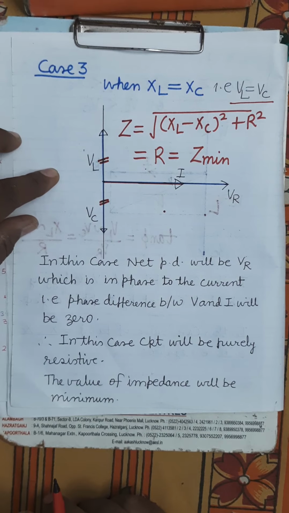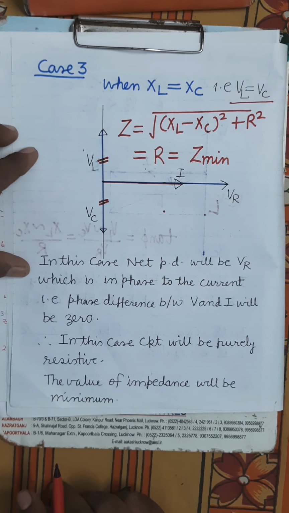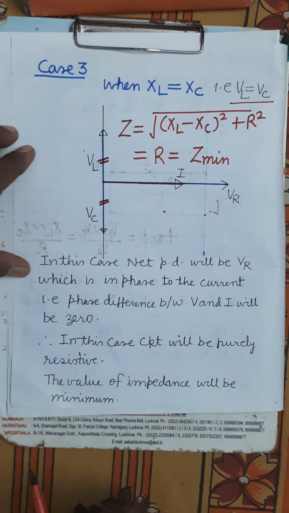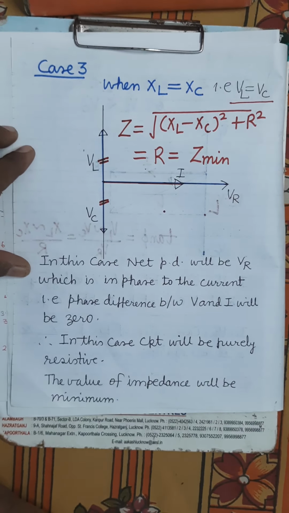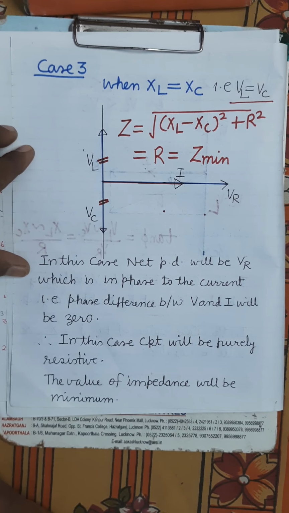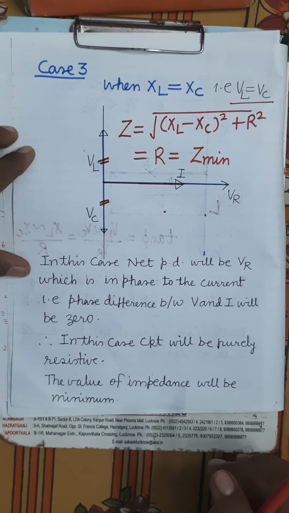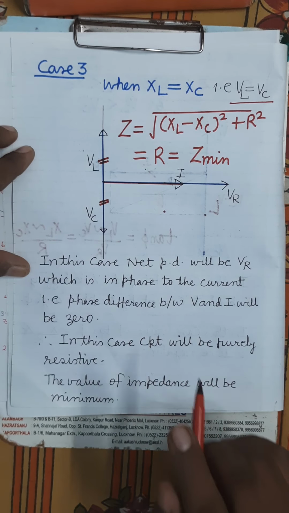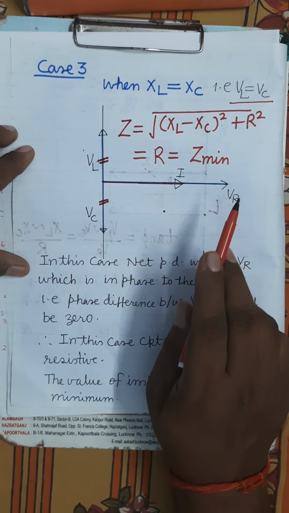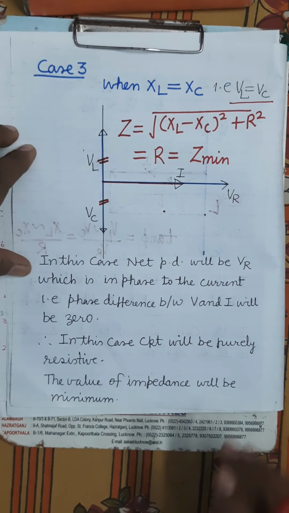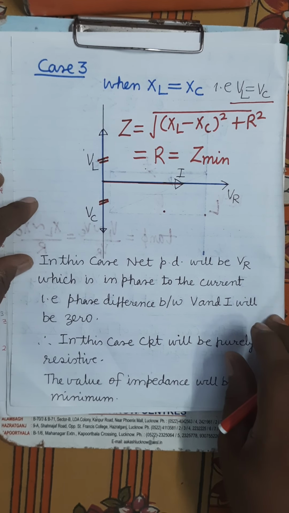So the series LCR circuit offers the minimum impedance when inductive reactance and capacitive reactance are the same. In this case, the circuit will behave as a pure resistive circuit. The net potential difference will be equal to VR, which will always be in the same phase with the current I. So this is case 3.